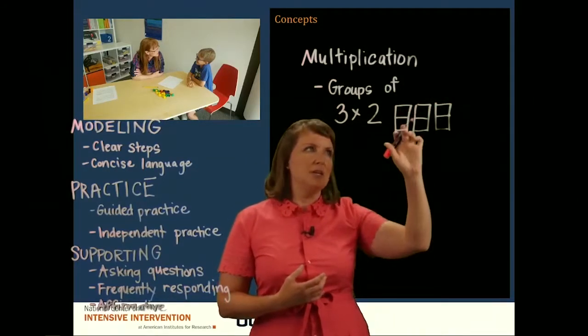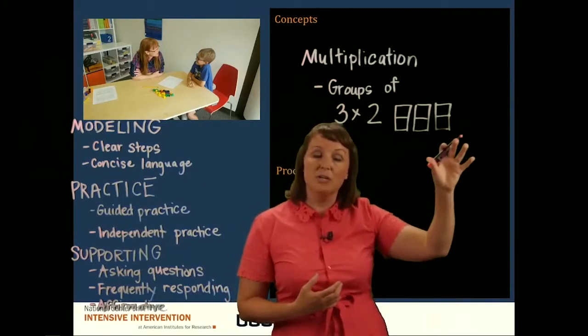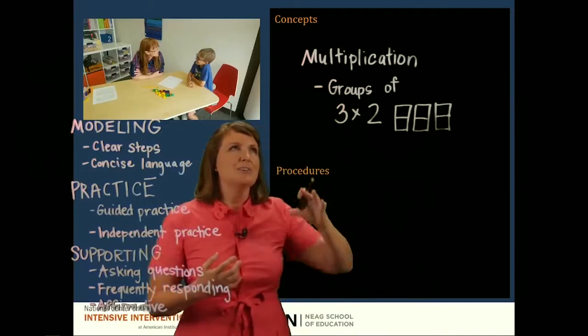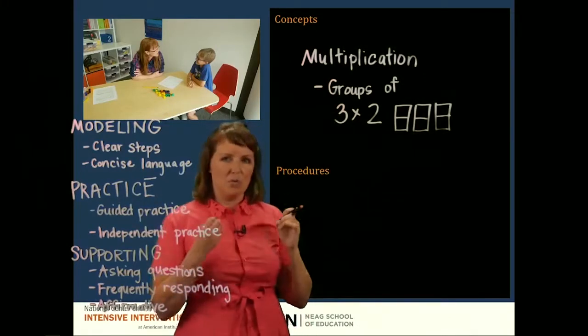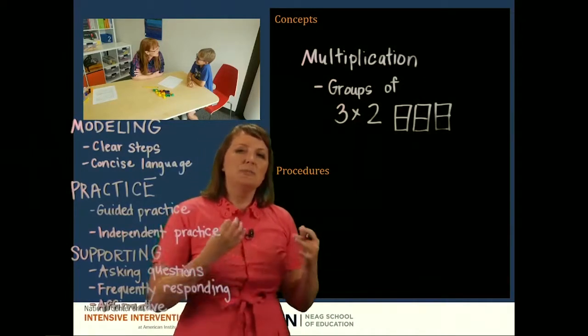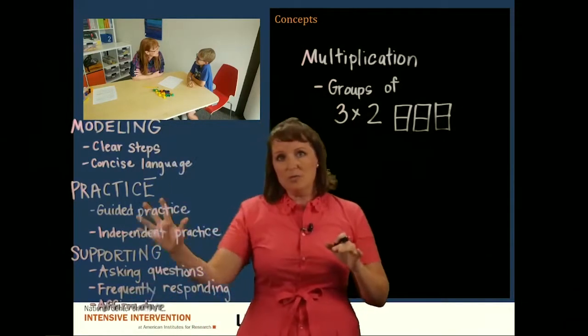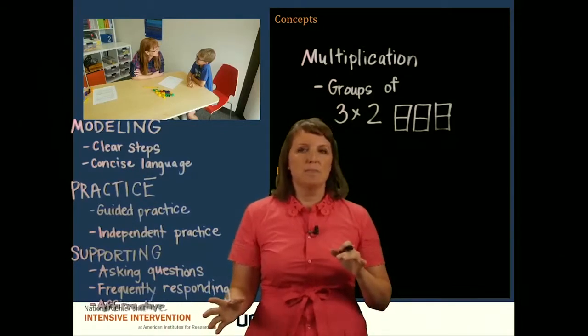And then the student could count all, or if he wanted to, he could have skip counted to figure out the product, which would be 6. So the concept that she was working on here was multiplication. And she was explaining multiplication in those groups of, and she did it consistently using this explicit instruction.